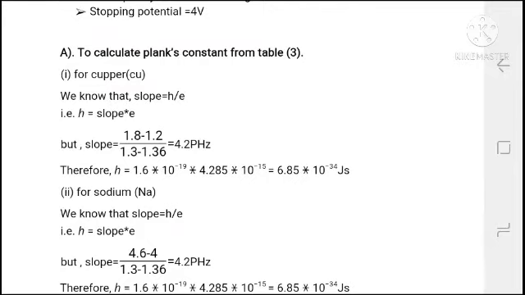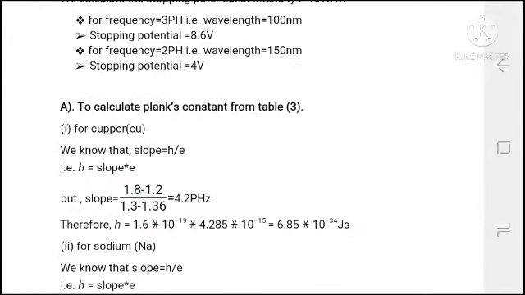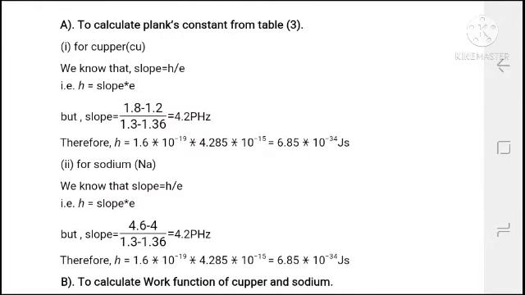We calculate the Planck constant by using table 3. Here we have taken different metals like copper and sodium. For copper, we know that the slope is equal to h/e, which is from equation 1, and h is equal to slope into e.